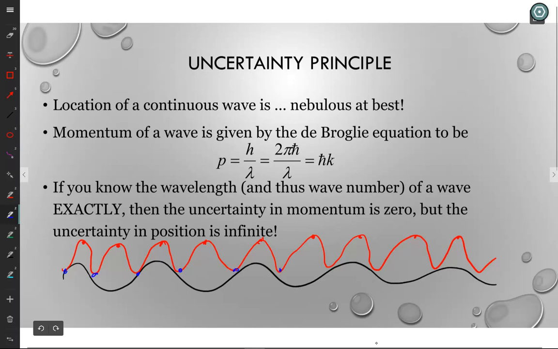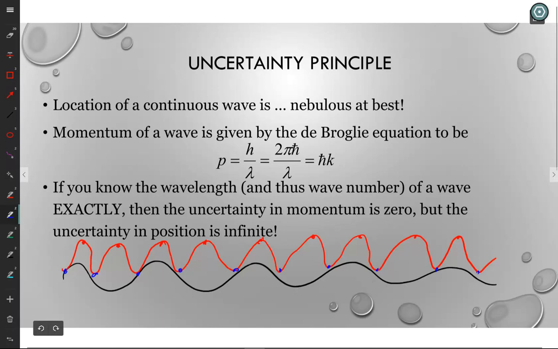So the particle is most likely to be found at the points with the highest displacement when you square it.